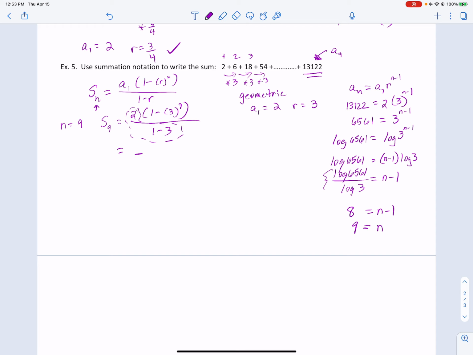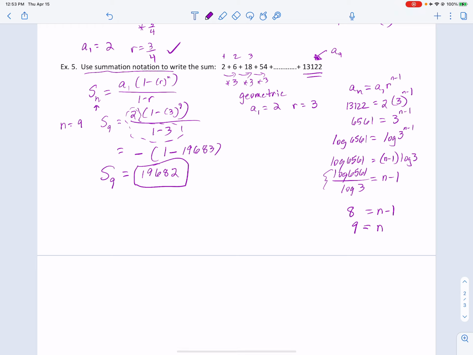And so then I've got times 1 minus 3 to the 9th, which is 19,683. And so that comes out to a positive 19,682. And that's the sum of the first 9 terms.